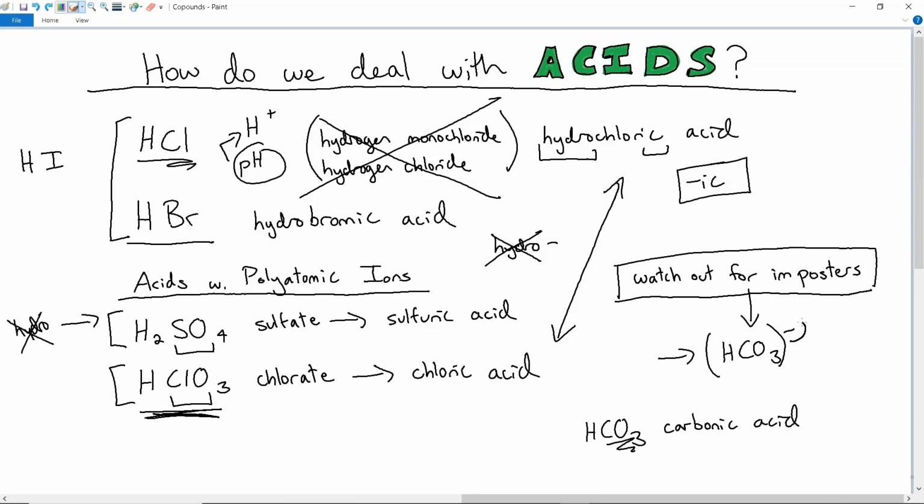However, since we have an overall charge of -1, this is actually its own polyatomic ion, and it's called a bicarbonate. So just watch out for that.